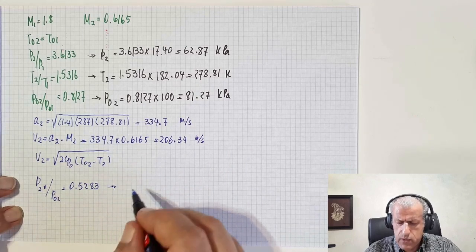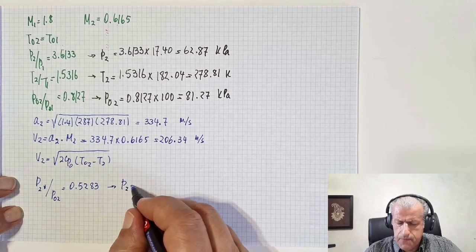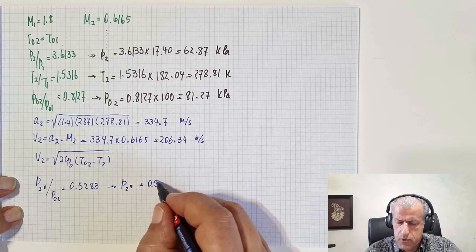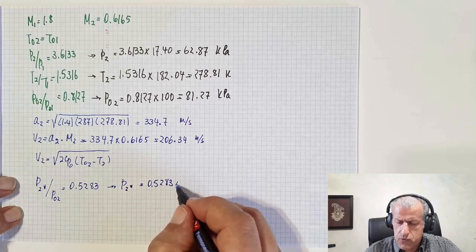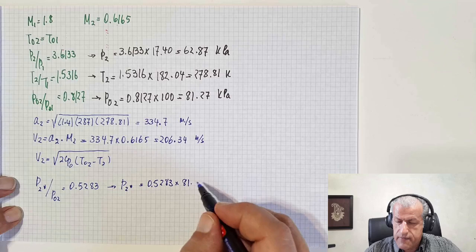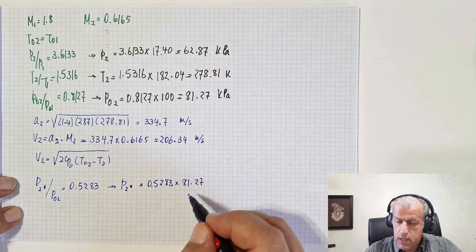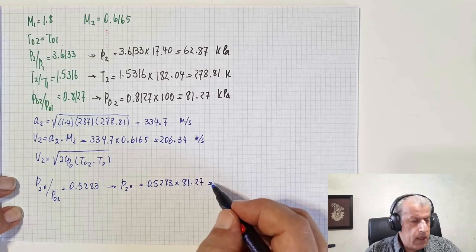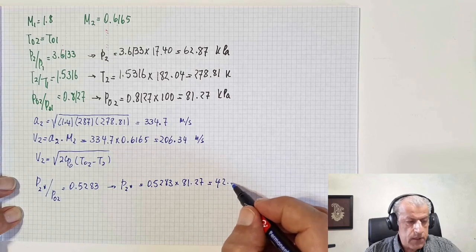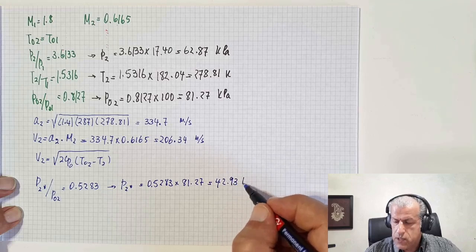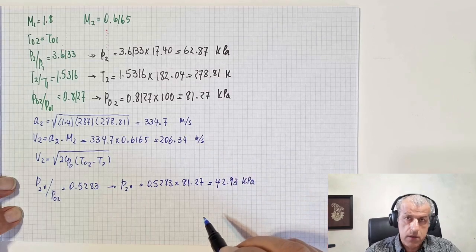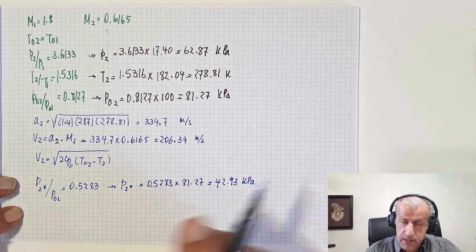P2 star would be 0.5283 times PO2, which is 81.27, and the outcome is 42.93 kilopascal.